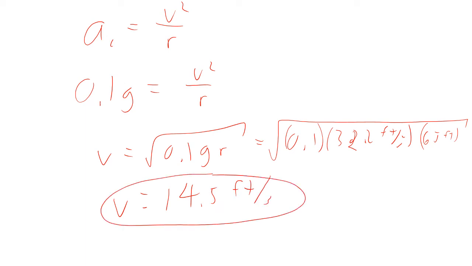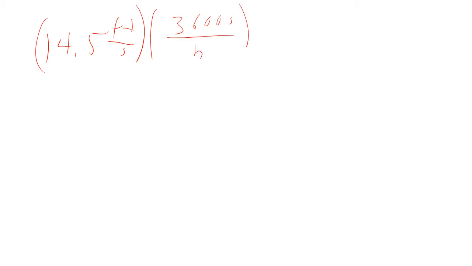Okay. Well, we normally think about speeds, you have an idea what 14.5 feet per second is, but what is that in miles per hour? Because that's what your speedometer says. So 14.5 feet per second, okay, and let's multiply. There's 3,600 seconds in 1 hour, so that cancels the seconds.